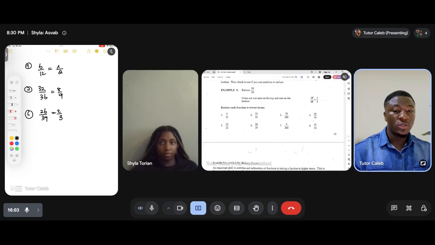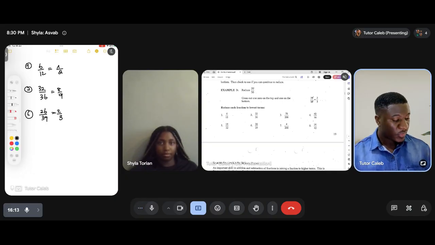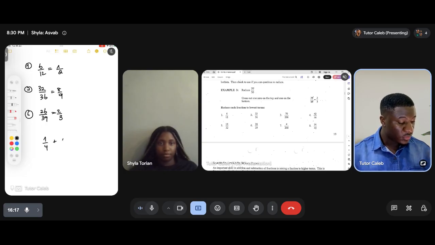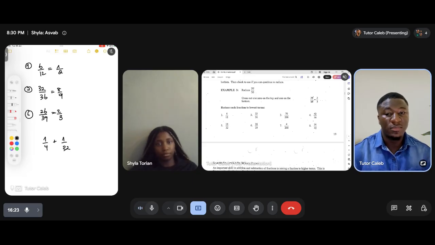Now, this technique is good, like you saw me doing just a moment ago, where you want to add or subtract fractions with different denominators. Let's take an example. Let's say you have 1 over 4 plus 1 over 32. One student will find the LCM between 4 and 32. I say it's 32.